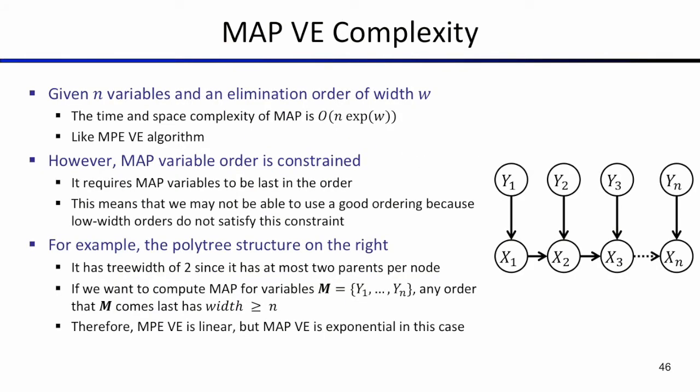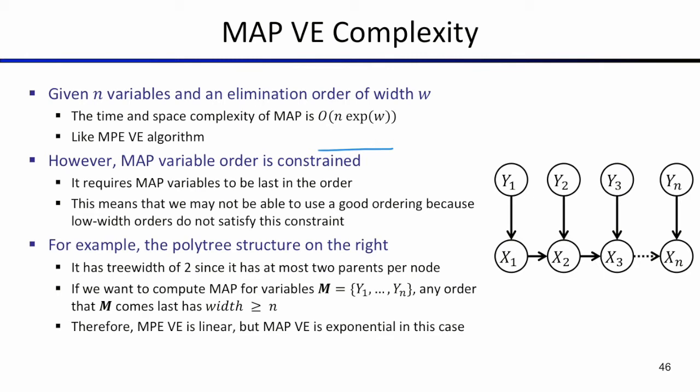So what is the complexity of this map VE algorithm? In principle, it looks the same as the MPE VE algorithm, because the complexity will be n, that is the number of variables, times one exponential in the width of the elimination order. But one important detail here is that when we are working with MPE queries, we have a lot more choices for the elimination orders, so we can find better elimination orders.